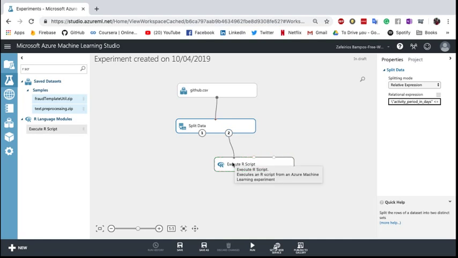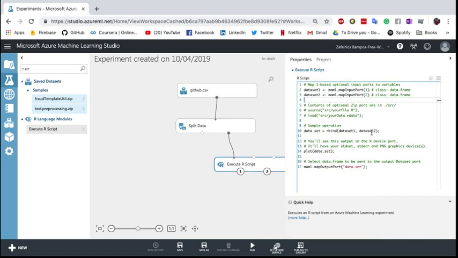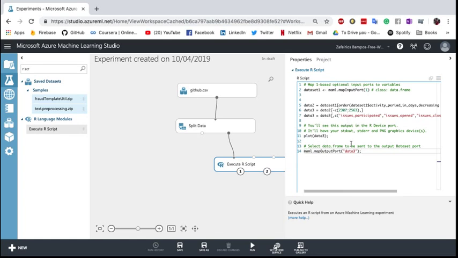So what we are going to do is take this dataset and give it as an input to the R script, and here we can code in R in a very familiar and very user-friendly interface by Azure. Not friendly at all, but you can use it to write any R or Python code you want.